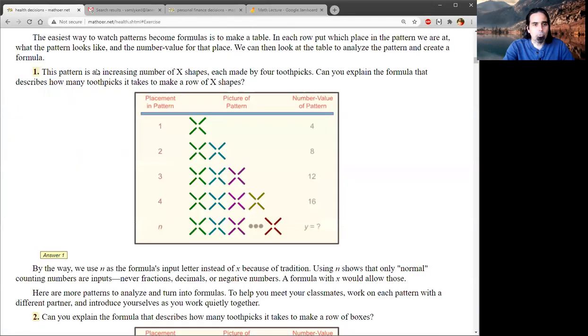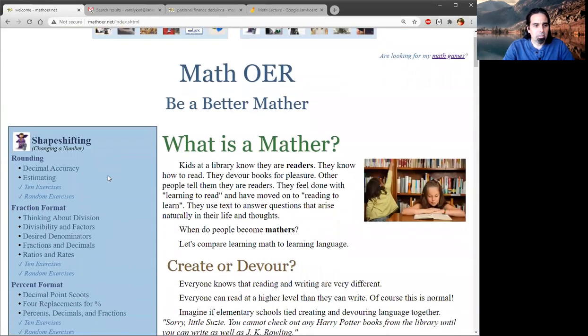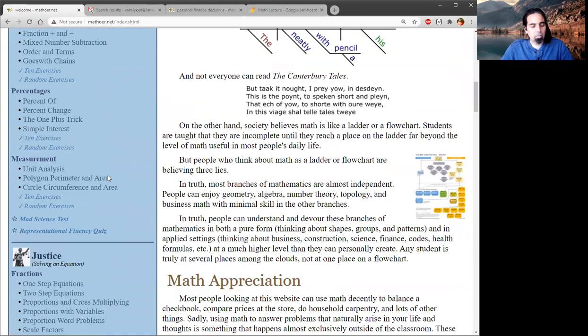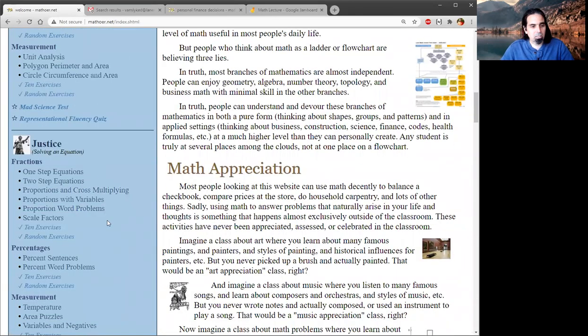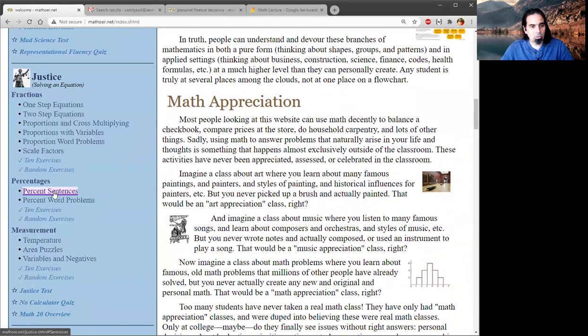If you need review on that, then just like the link from yesterday's email said, it's in the percent sentences part of Justice. Justice is doing the same thing to both sides of the equation, like a balanced scale, and percent sentences there.